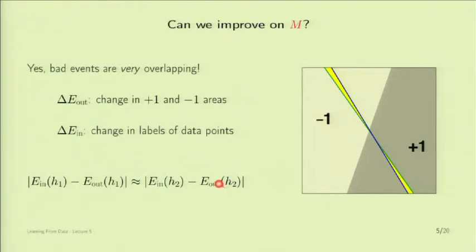Because we would like to argue that this exceeding epsilon happens often when this exceeds epsilon. The events are overlapping. We are not looking for the absolute value of those. We are just saying that if this exceeds epsilon, this also exceeds epsilon most of the time. And therefore, the picture we had last time is actually true. These guys are overlapping, the bad events are overlapping, and at least we stand the hope that we will get something better than just counting the number of hypotheses for the complexity we are seeking.